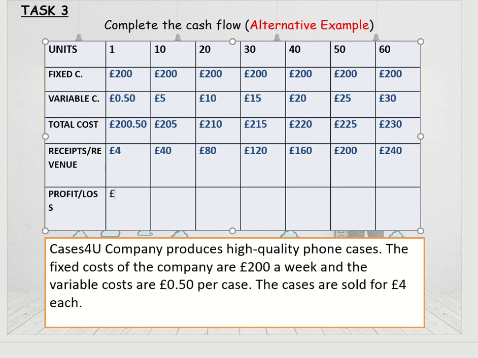So that would be £196.50, and that would be a negative. Okay, so maybe on your spreadsheet, or actually on this sheet, if you're just working out just on the actual table itself rather than using a spreadsheet, just make it a negative value by colouring it in red.